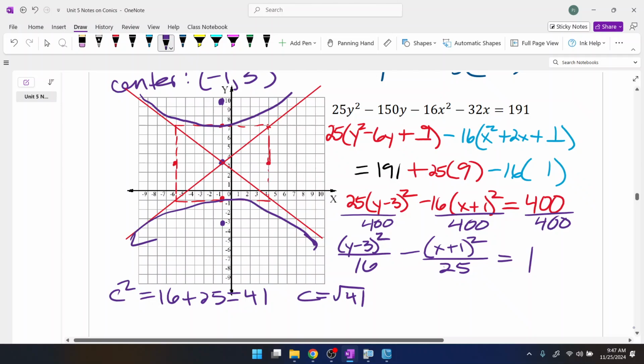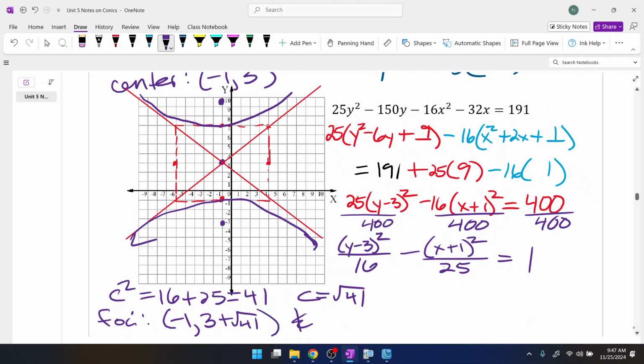You know, the center was at -1, 3. So the two foci are literally going to be located at -1, 3 plus root 41, and at -1, 3 minus root 41.